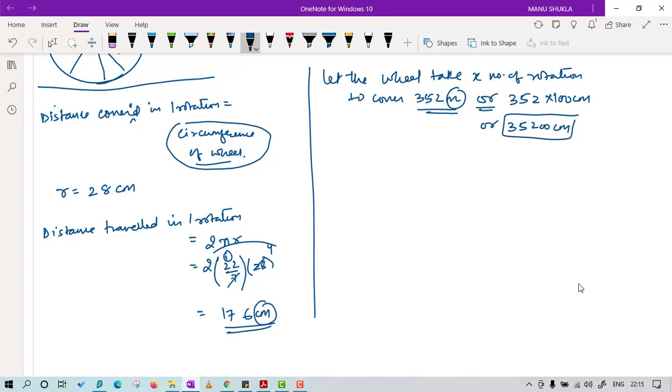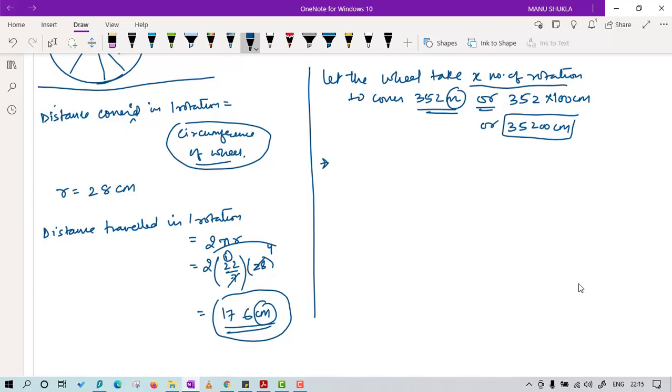Now you only tell me, if in one rotation you are covering 176 centimeters, in two rotations how much will you cover? Simple, 176 into 2. In three rotations, you will cover 176 into 3. In four rotations, 4 into 176. Similarly, in x number of revolutions, how much distance will you cover? It's very simple, 176 into x.